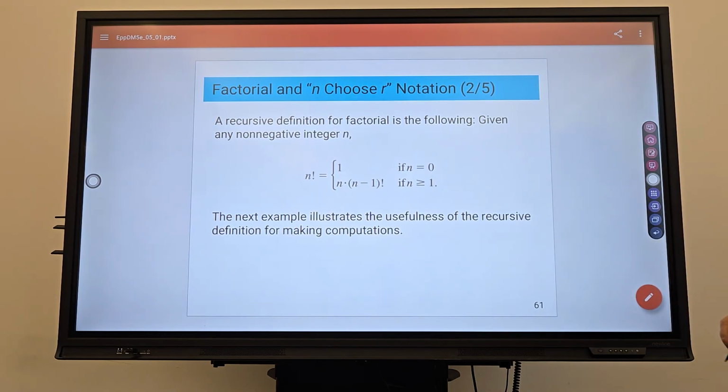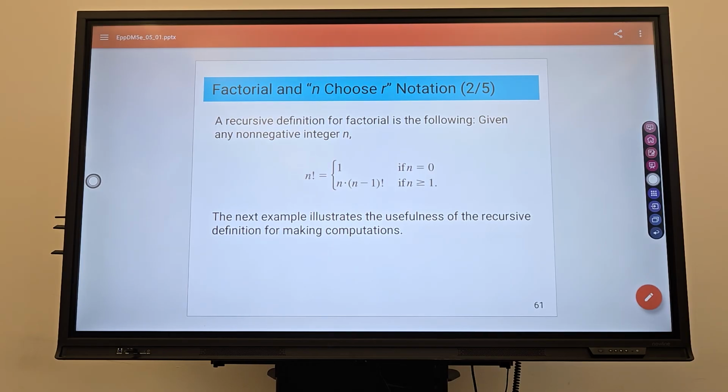A recursive definition for factorial is the following. Given any non-negative integer n, n factorial equals 1 if n equals 0, and n times n minus 1 factorial if n is greater than or equal to 1.